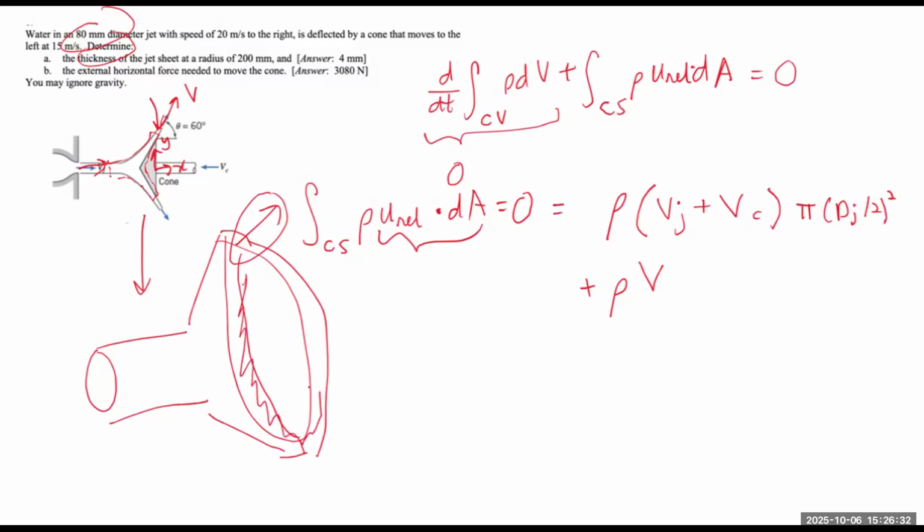The surface area is this area over here, the surface area of our control volume, with a vector that points in the same direction as this v. So it's going to be positive. So we have rho times v times the surface area of this control volume, which is going to be 2 pi r.